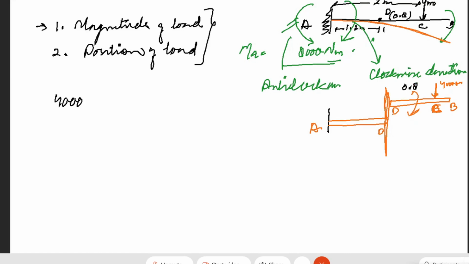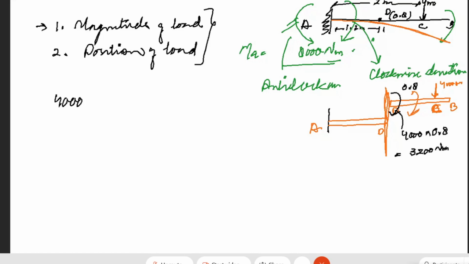Because of this load, there will be a moment at point D of intensity 4,000 multiplied by 0.8. That will be equal to 3,200 Newton meter at point D.